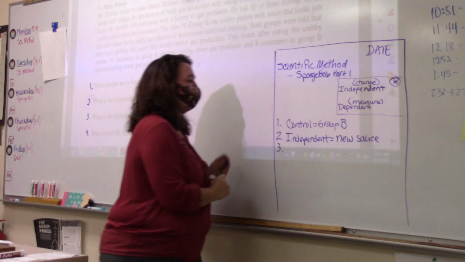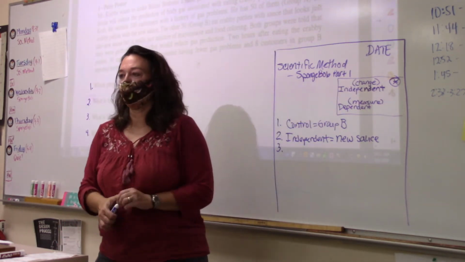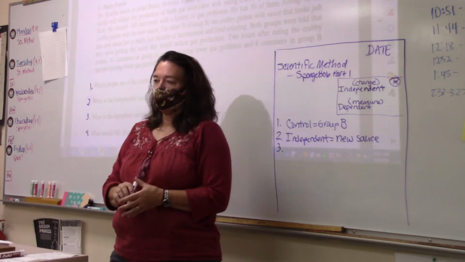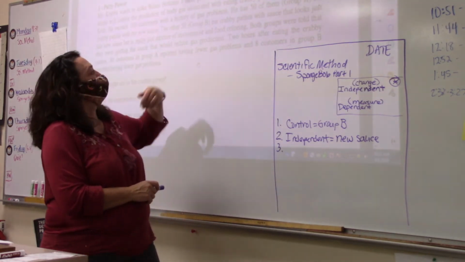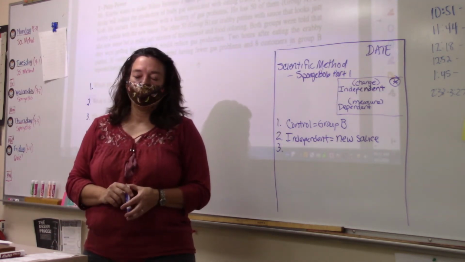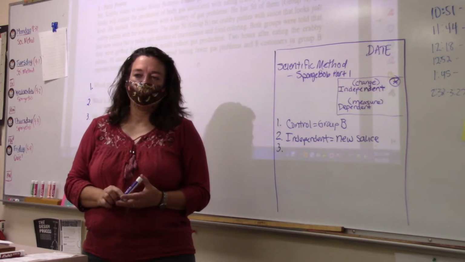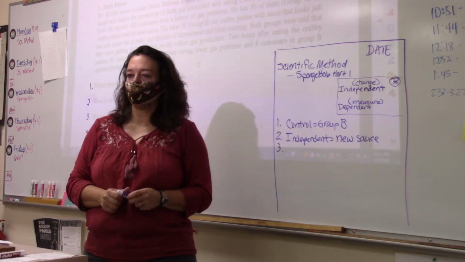Number 3, dependent is what are we measuring to see if that sauce worked. In the results, what were they showing or trying to show? That people, not noose here, sauce, like actually faked it. And what were we looking for?